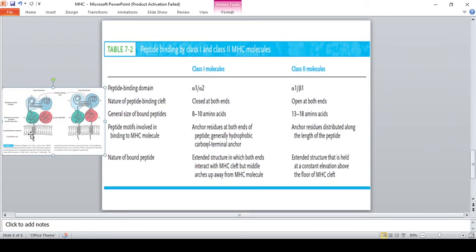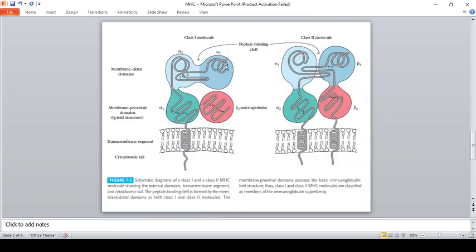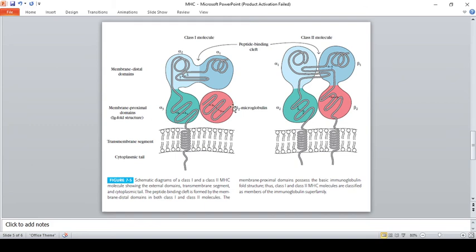I think in 2017 we got a question from this MHC topic, so prepare in that way. The first three points are much more important. Hold on to the peptide binding domain, the nature of the peptide binding cleft, the size of the bound peptide, and that beta 2 microglobulin is present in the class 1 molecule whereas it is not present in the class 2 molecule.